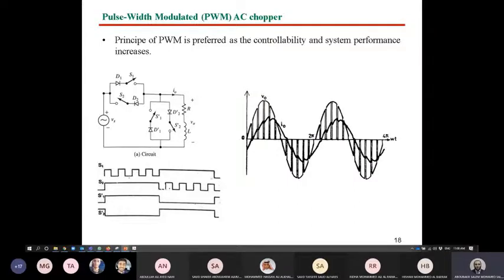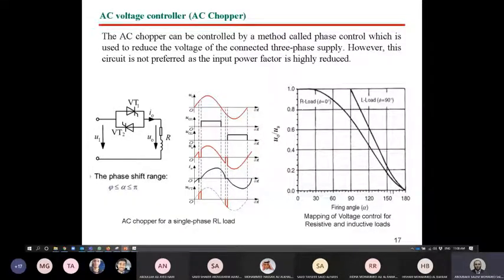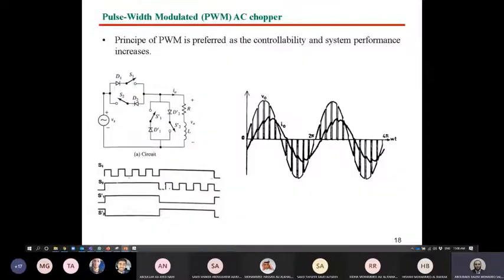The difference between the two topologies is that for the AC chopper, or conventional AC voltage controller, we use thyristors. However, for the modern or PWM AC voltage controller, we use switches like IGBTs and MOSFETs.